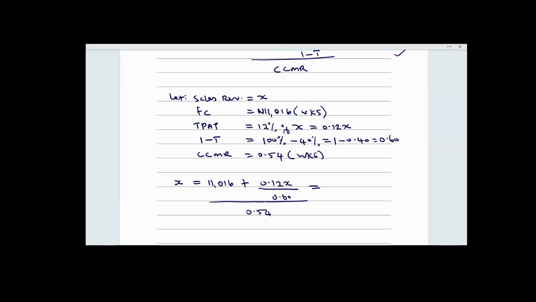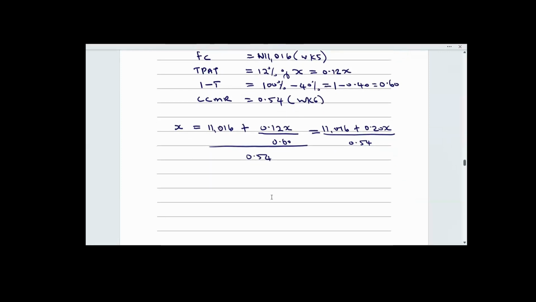So what do you have here? This will give me 11,016 plus 0.20 of X, then divide by 0.54. Of course, you are going to multiply 0.54 of X when you cross multiply.